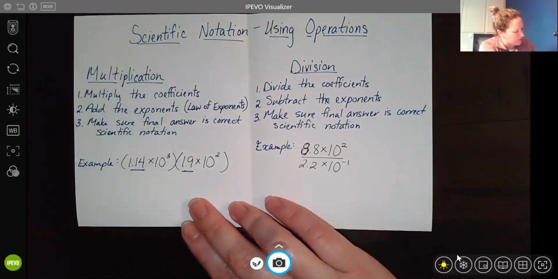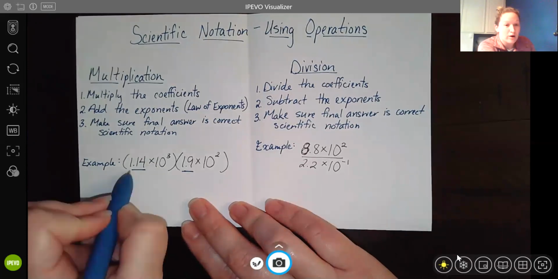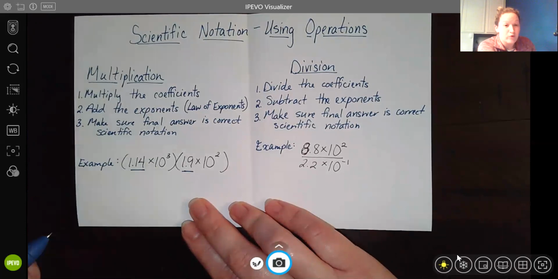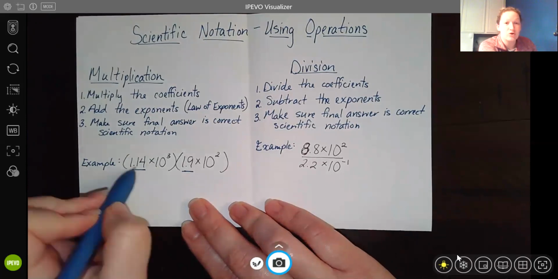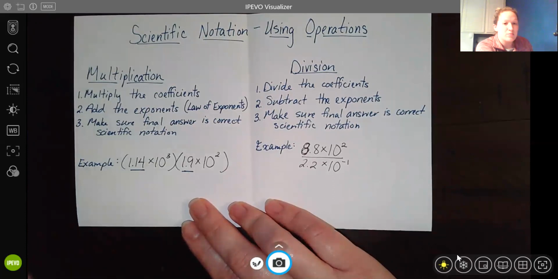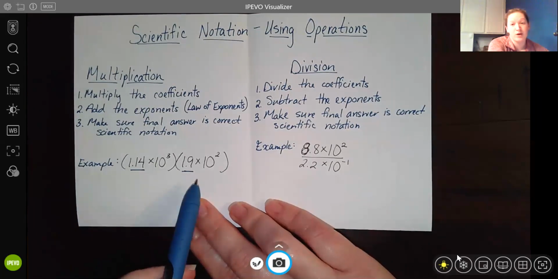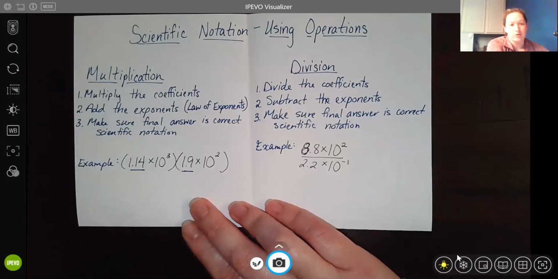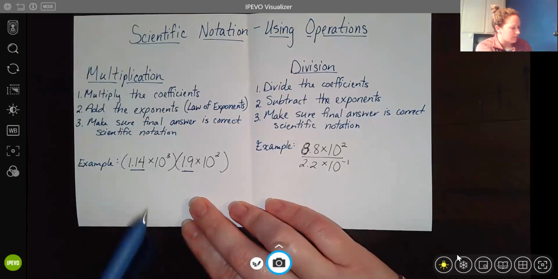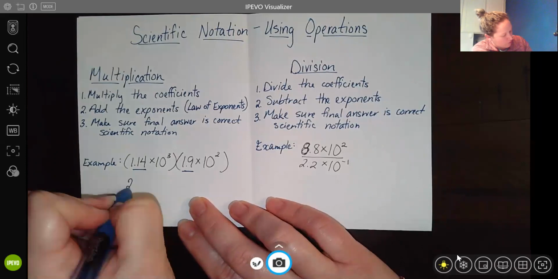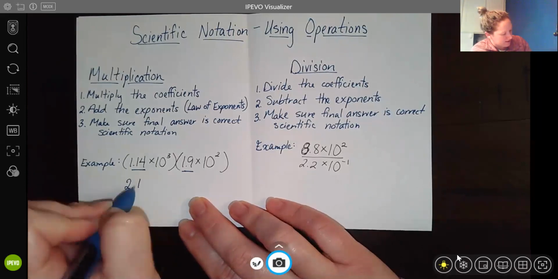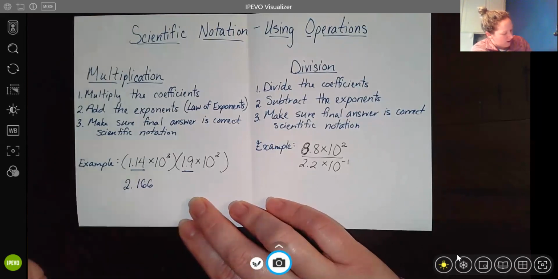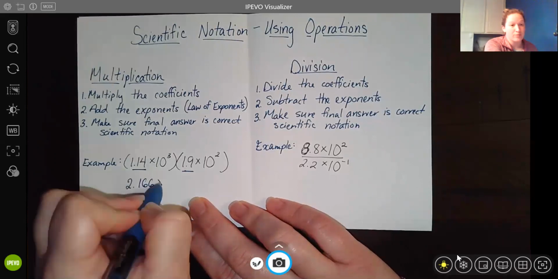So for this first one, I need to multiply 1.14 and 1.9, those 2 coefficients, okay? You would likely use a calculator for this, that's fine. When I multiply these 2 numbers, I'm going to get 2.166.